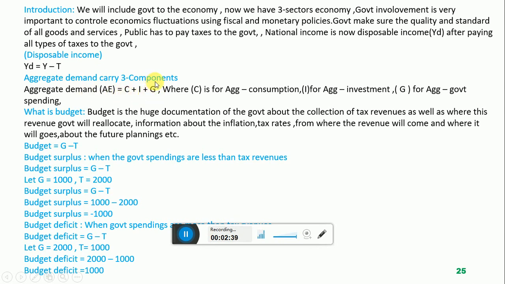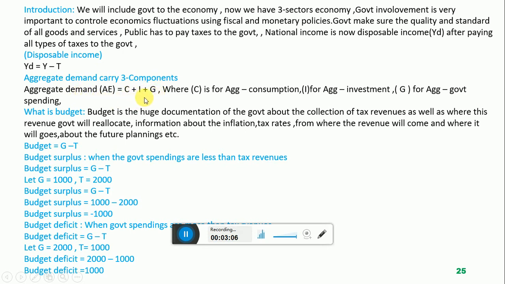This is an equation, and G is positively related to the aggregate demand. There is a direct positive relationship between aggregate demand and G. If the government increases this capital G by $1 or by $100 million, aggregate demand will also increase by $1 or by $100 million.